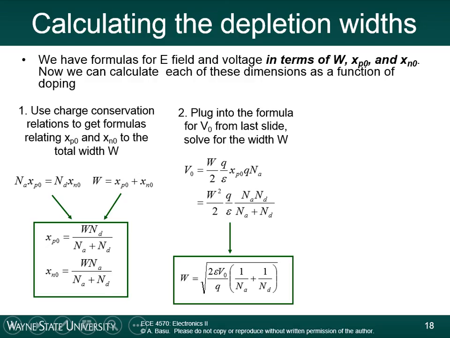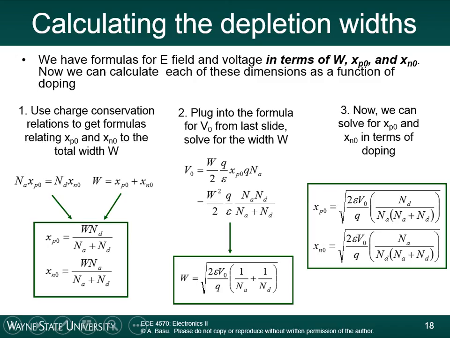Once you have the width, you can find Xp and Xn using these formulas. That's what's being done in step 3. So you can solve for Xp0 and Xn0 in terms of doping. These are the formulas for it.